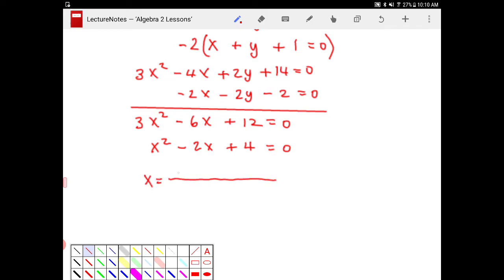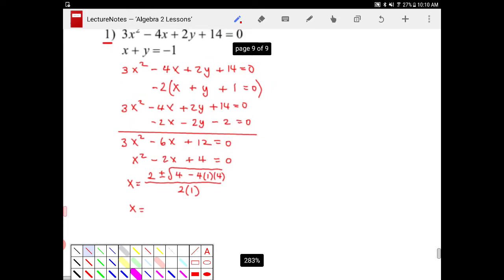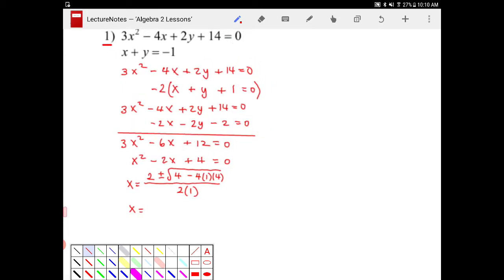If that's the case, then I have -b, which is going to be +2, plus or minus the square root of b squared, which is going to be 4, minus 4ac, minus 4 times 1 times 4, all over 2a. Because I'm solving the system of equations here, I'm not going to end up with any real answers.